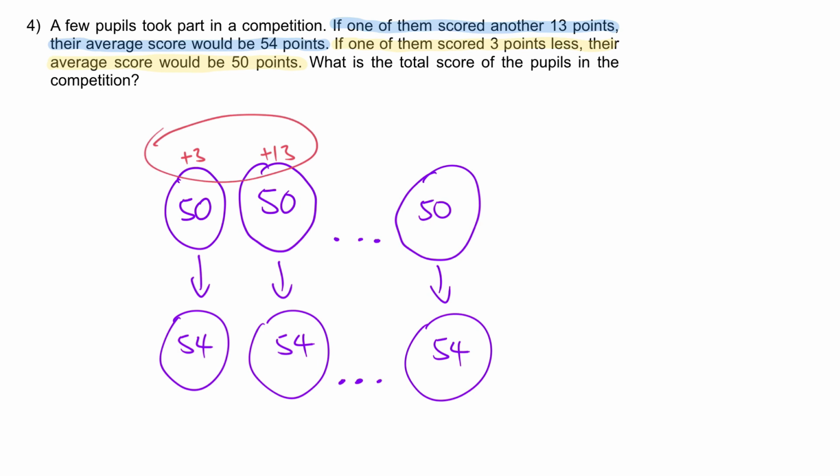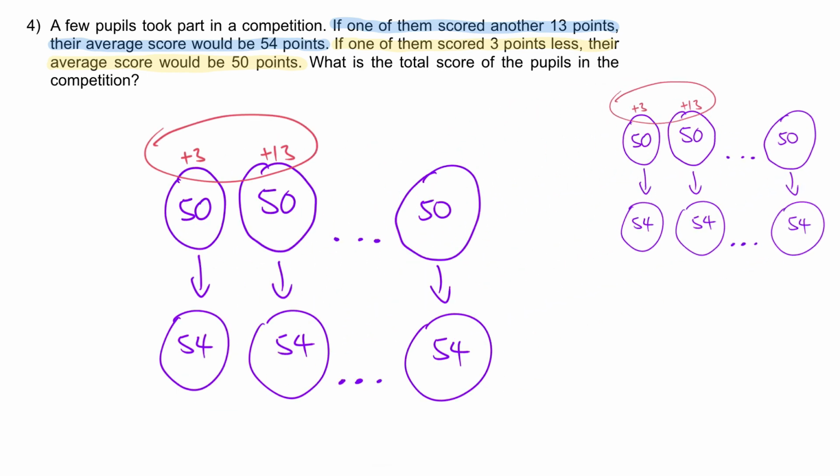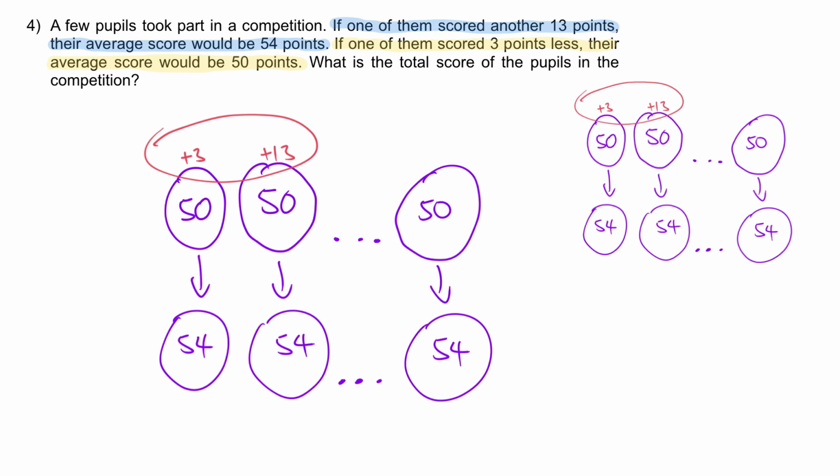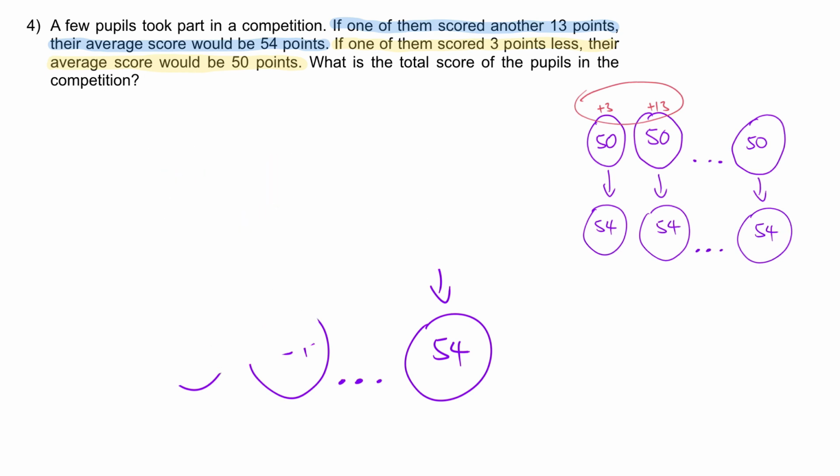It is because there is an additional 3 points and there's an additional 13 points. Therefore, they can take this 16 points and say, okay, guys, I have 16 more points now. Let's distribute to us equally. Again, I'm gonna make this smaller on one side and erase everything here to create space.